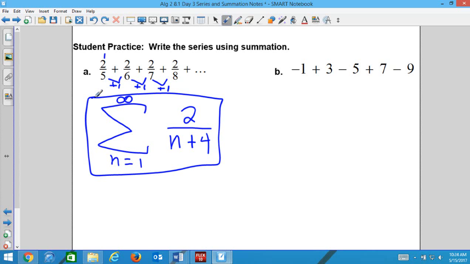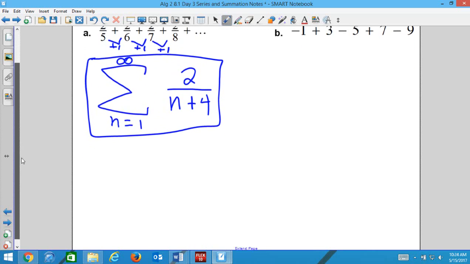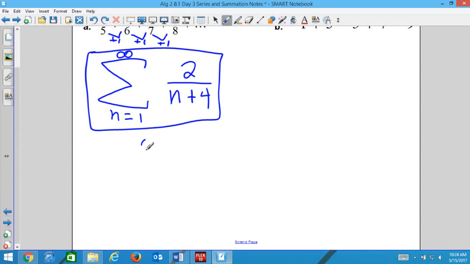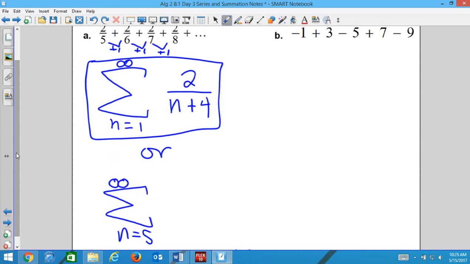Now, Jarrett is impatiently yelling out answers over there. He asked me if you can start at a different term. The bottom number just tells us which term we start at. He started at 5 and went to infinity, and his formula looks different because he started inputting at 5 first.